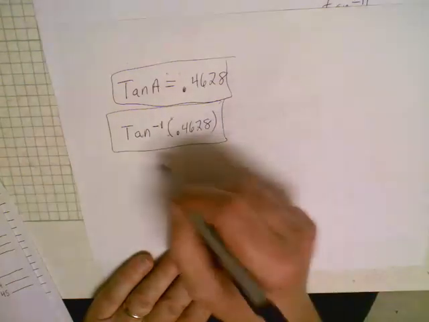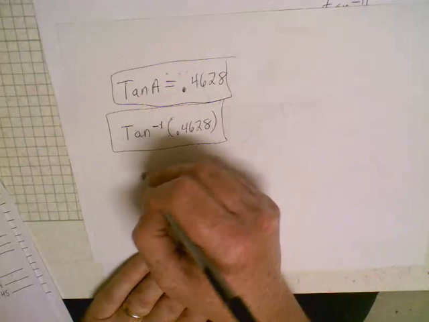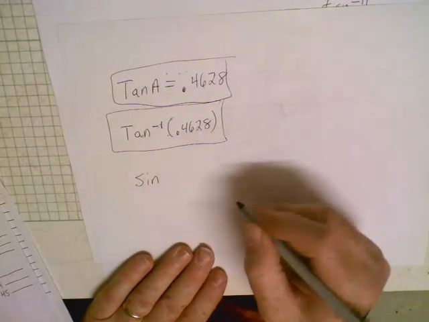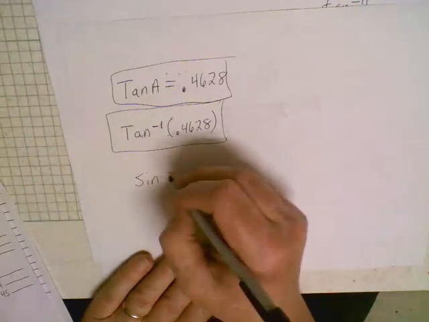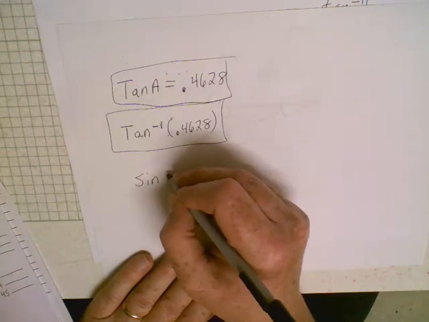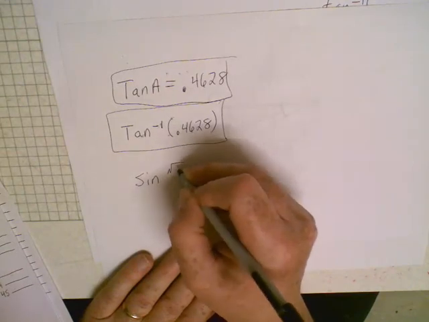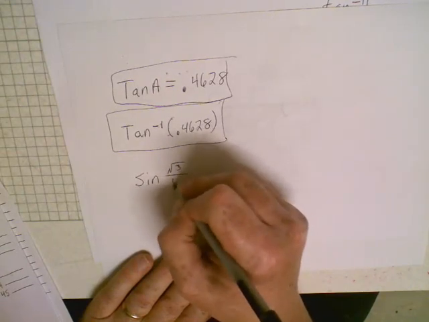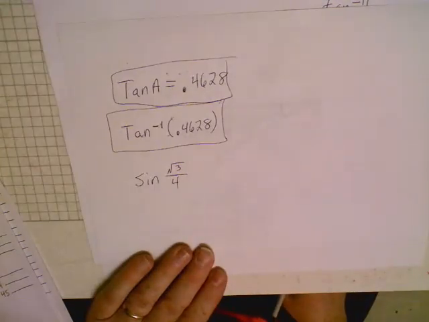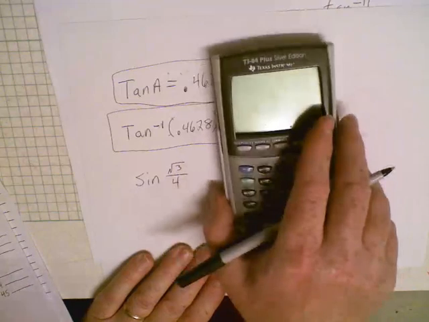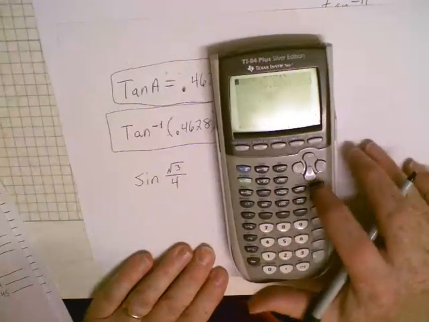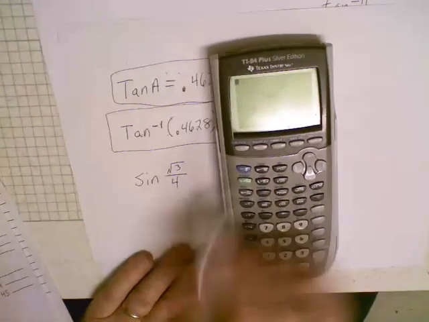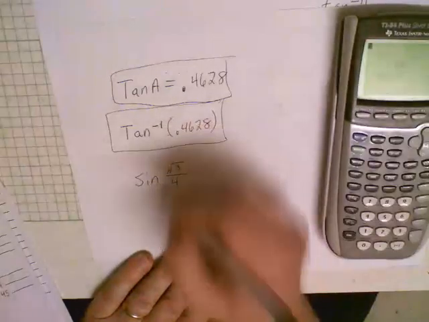Another way it could be written is it might be something like sine, and then it might have something like square root of 3 over 4. Still the same thing. You take your calculator, I wrote that wrong.